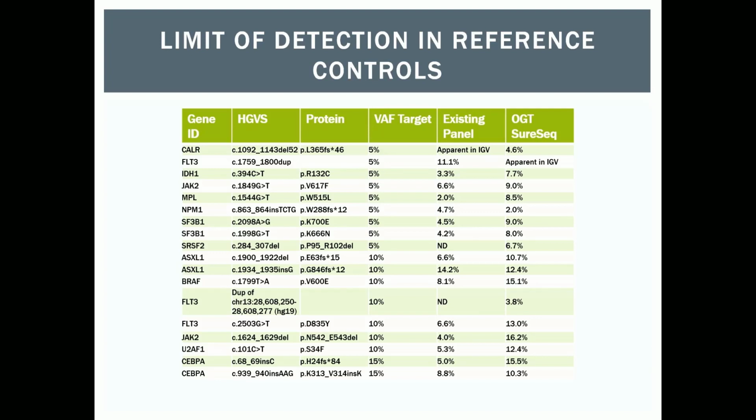Both tests performed similarly well, but some of the variants could only be seen by visual inspection of the data as they were present at lower frequencies than set by the bioinformatic pipeline. So you can see some of those variants here, but in general, particularly looking here at the OGT SureSeq, we were able to very successfully detect the variants that were present in that sample.